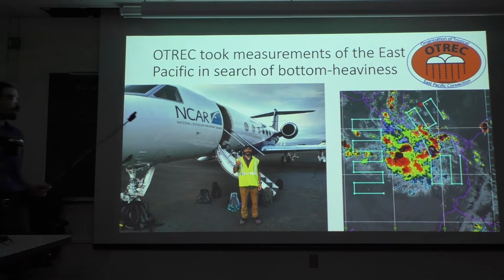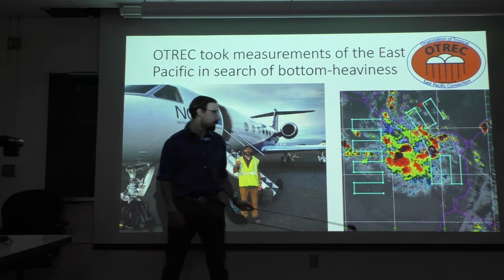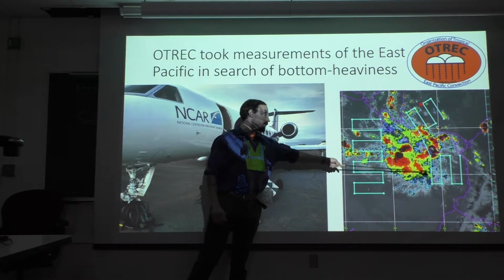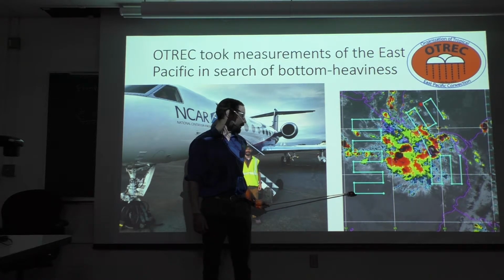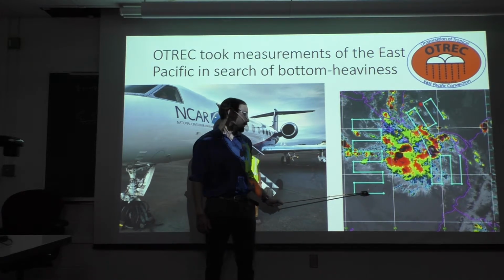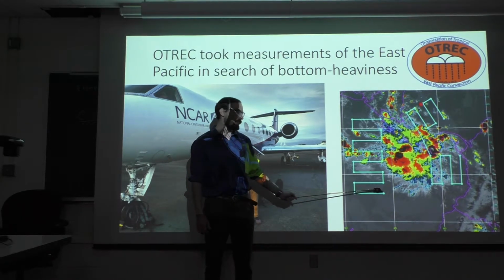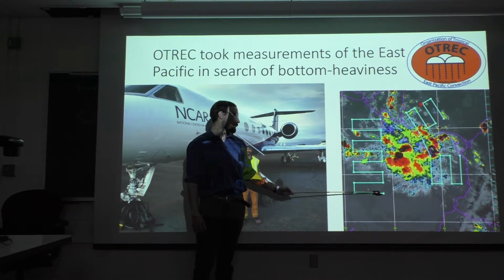The field campaign took place in, hard to see, but Costa Rica. We were there for 2 months flying 21 flights. Each of the flights would fly one of these 2 grid boxes, and every, I believe, 1 degree, we would drop a radiosonde, and from these we gather profiles of wind, temperature, and moisture.